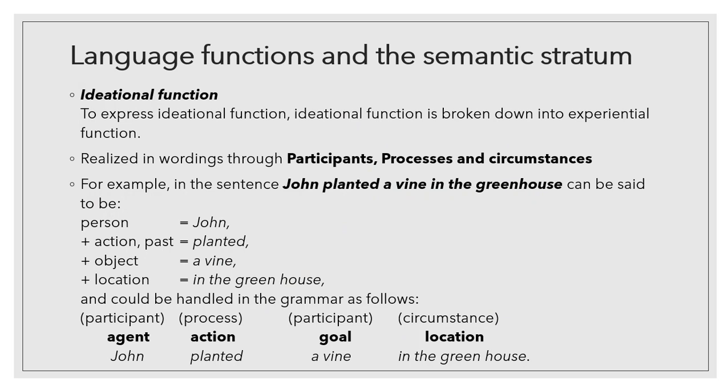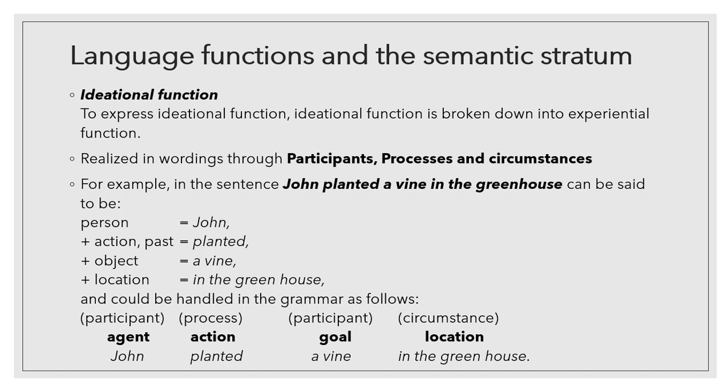Back to the register concept first: tenor, mode, as well as field. We are going to identify the field first because field is related to ideational function. The field is going to be plantations, but it's not enough only defining the concepts like that. You have to understand not only the topic, but also the content of it.